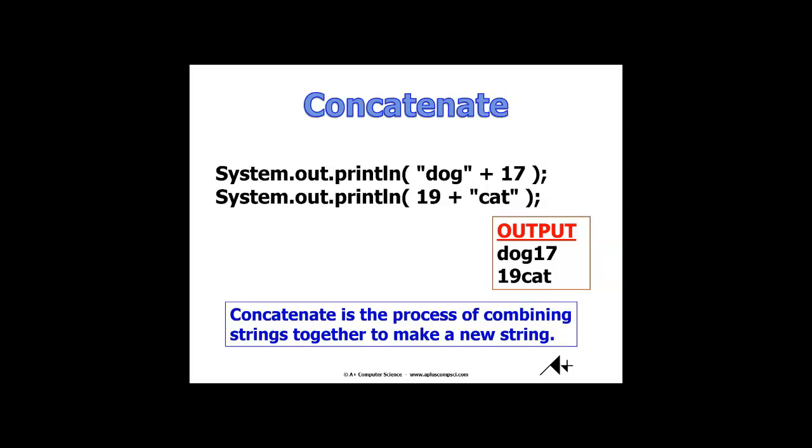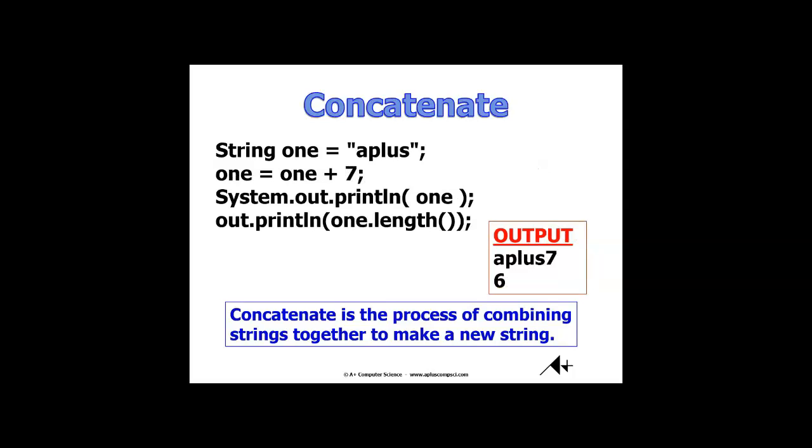By combining non-string values with a string, it creates a new string. So concatenation is the process of adding things together to make a new string, where one piece always has to be a string. In this example, we're creating the new string "a7" by adding the old value of a plus 7 to create a new string.